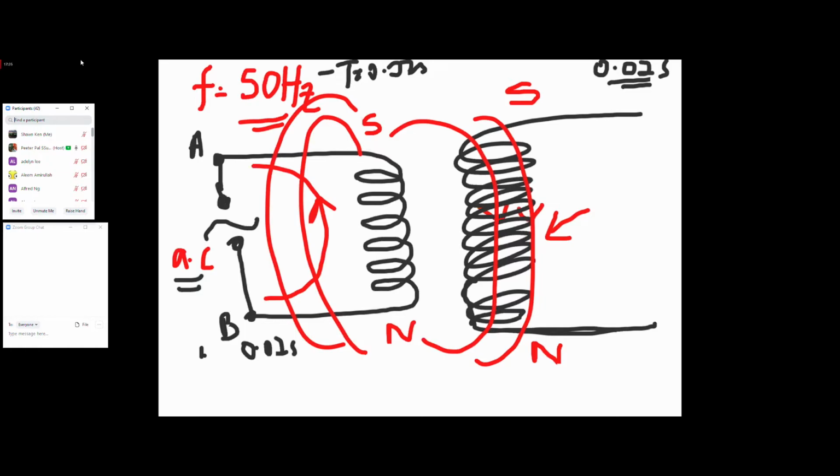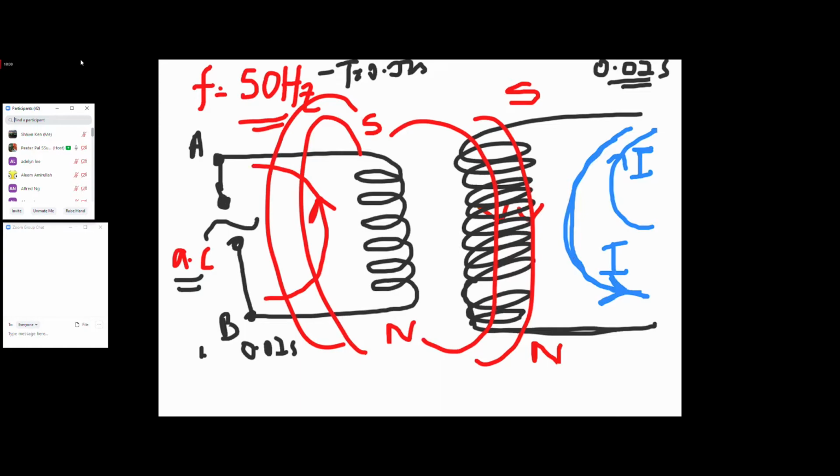So the secondary coil will produce its own induced current now, let's say like this. All right, this is induced current. So in the first 0.02 second, the induced current might flow up, and in the second 0.02 second, the induced current is flowing down.